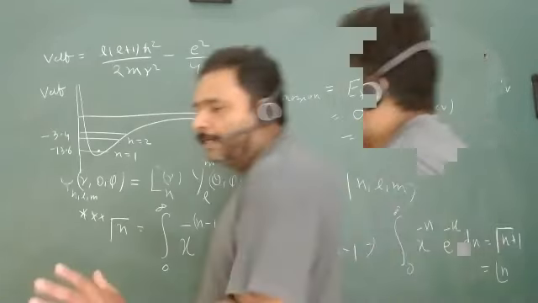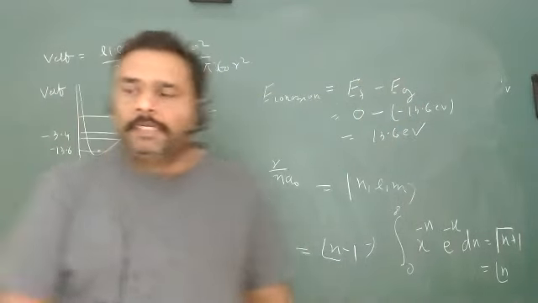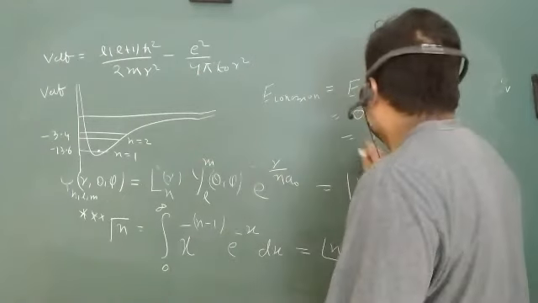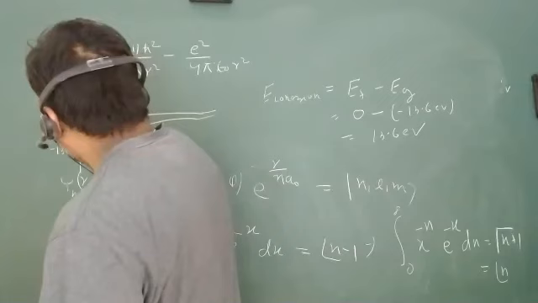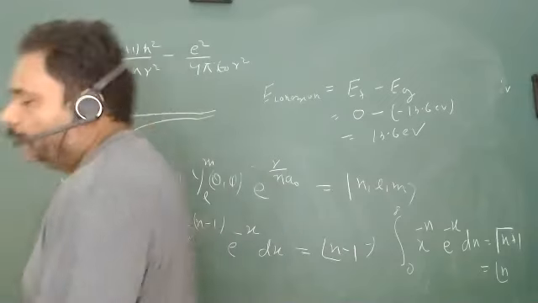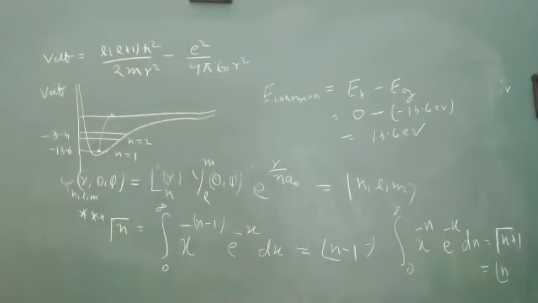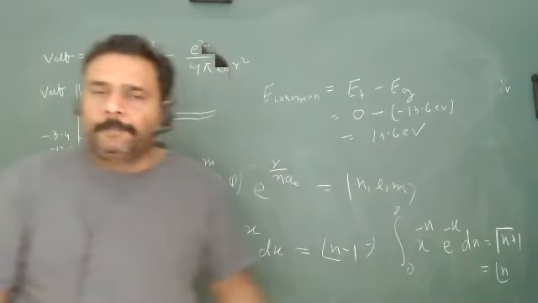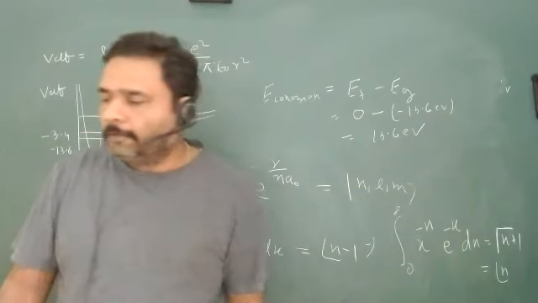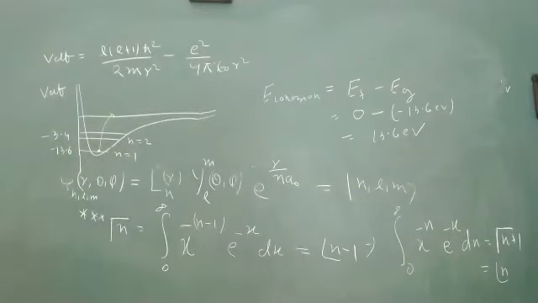So what is the ionization energy of the electron when it is in the ground state of hydrogen atom? That will be nothing but 13.6 electron volt. It means an electron will start here and land here, and this will be the energy. If you give energy of 13.6 electron volt, it is just going to ionize, or unbind it.